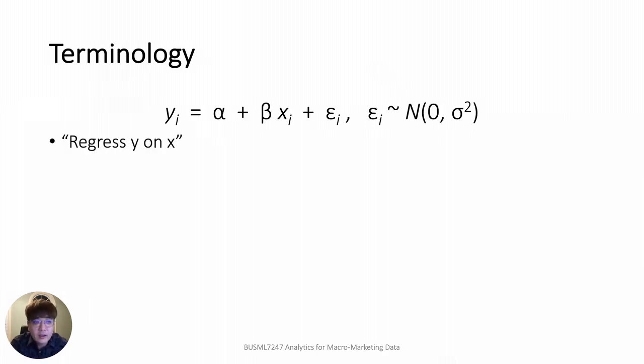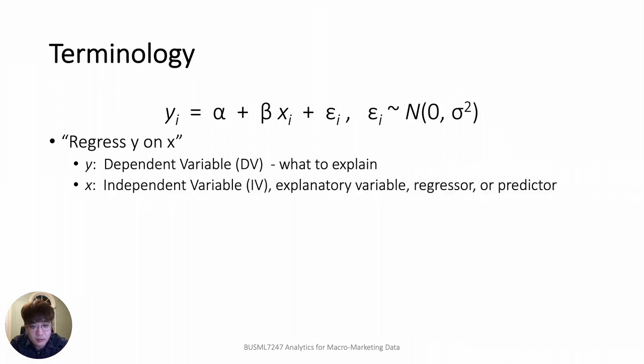We say regress y on x, and y, which is what to explain, is called the dependent variable, for short DV, and x is called the independent variable, explanatory variable, regressor, or predictor.